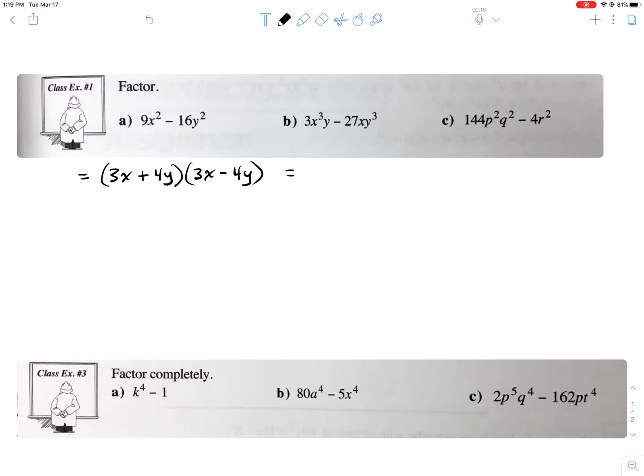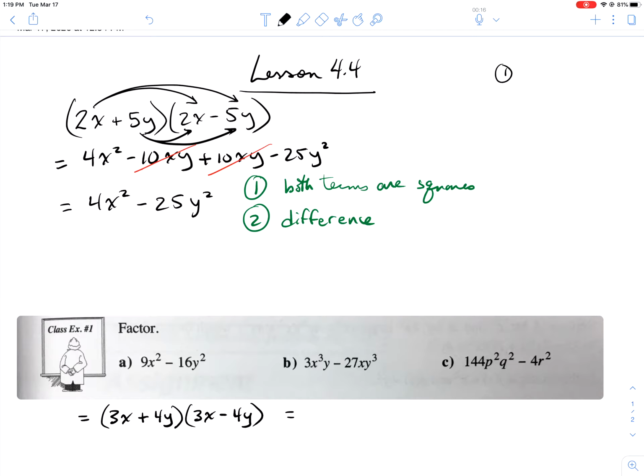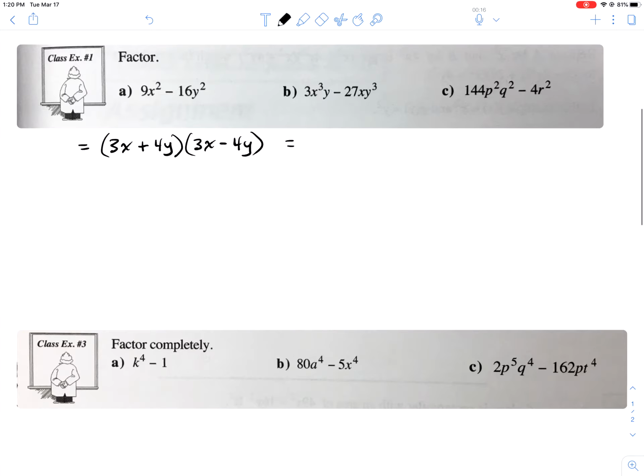So looking back to the things that we should be doing when we factor, I'm just going to scroll back up here. Number 1, always look for a common factor. So, hey, we have a common factor here. We have 3 as a common factor.